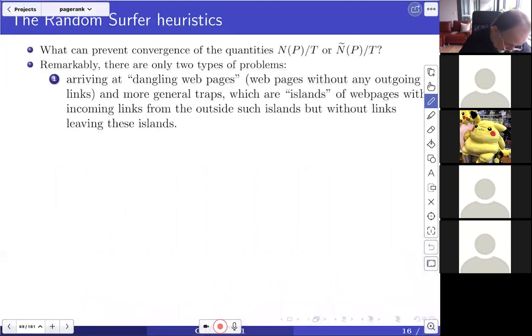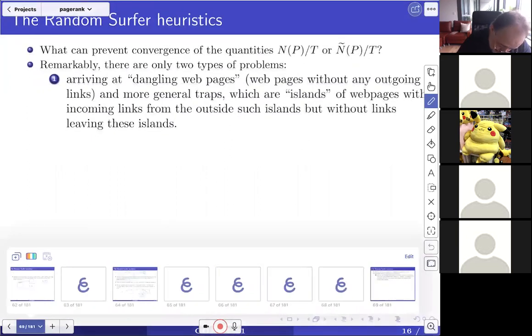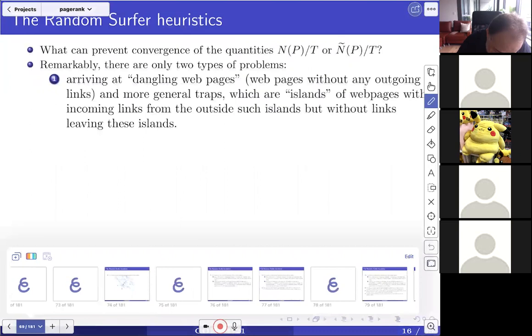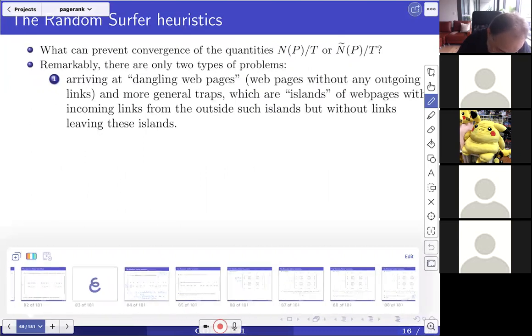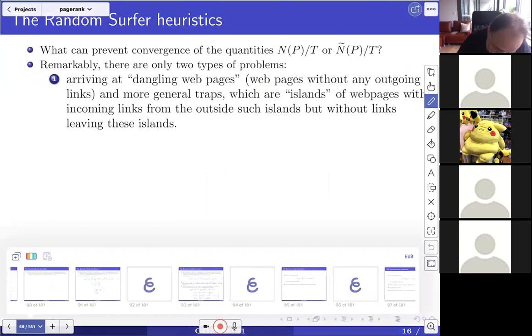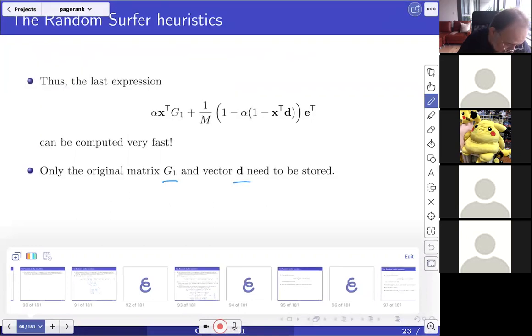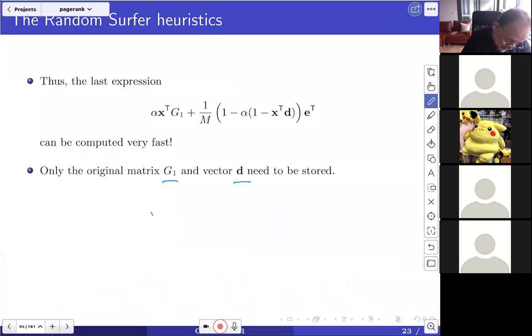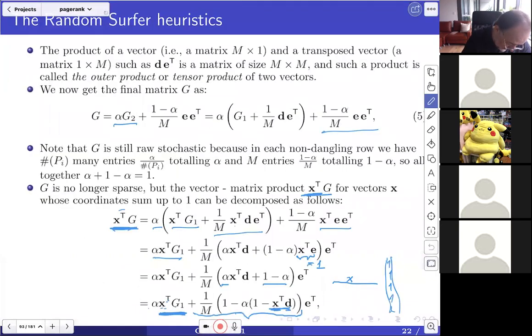Okay, this is further down, so we can go a little bit back.